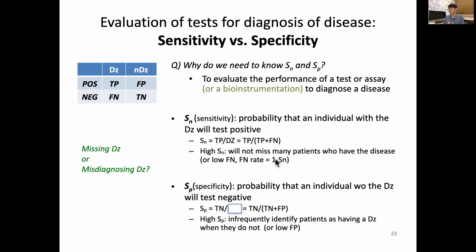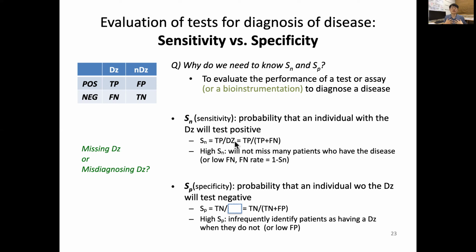If you take 1 minus SN, that will be the false negative rate out of those with the disease. So sensitivity is about this: someone has the disease, and the test should give a positive result.